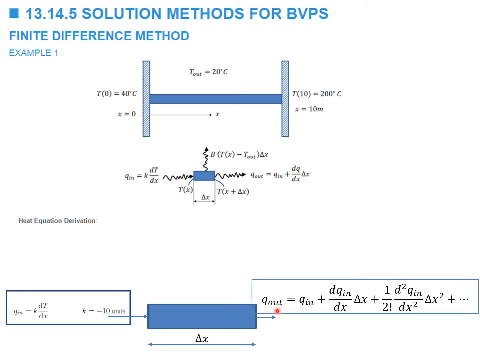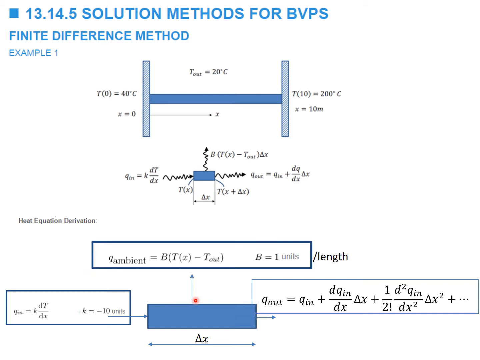The heat coming out from the other side, using the Taylor theorem, we can assume that Q out is equal to Q in plus dQ by dx multiplied by dx plus other terms that we are going to ignore. We also are going to assume that there is heat coming out to the environment.